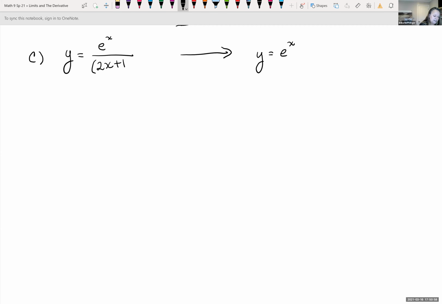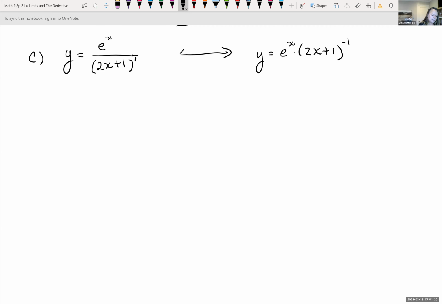If I don't want this denominator here, I could bring up the whole denominator, put it in parentheses, 2x plus 1, and that would change the sign of the exponent of that parentheses to a negative 1. So we could, if we wanted to, rewrite this and use the product rule.